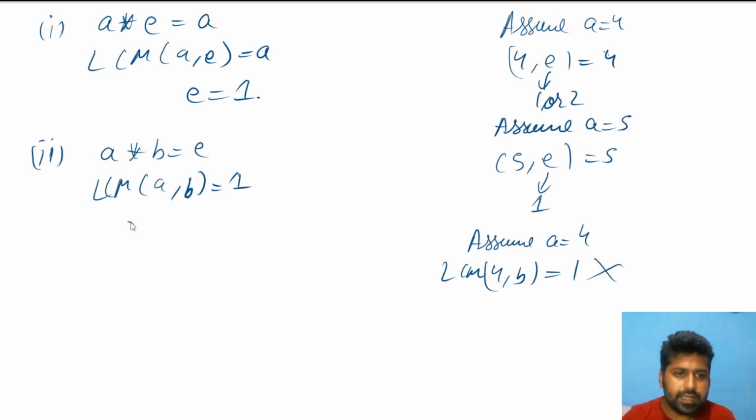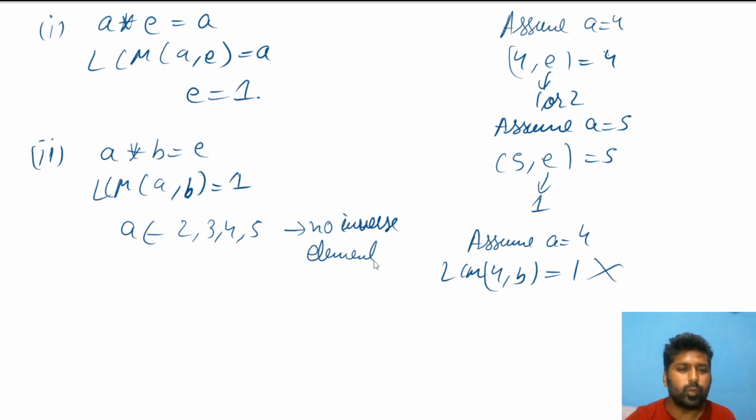As long as a belongs to 2, 3, 4, 5, you will never have the LCM as 1, because the second number can be anything, but your LCM will be either this value or more than this value. LCM is the lowest common multiple, but the point is the word is multiple. It will be at least this value. It cannot be less than this, it can be more, but it cannot be less than 2 or 3. So it cannot be 1. So as long as a belongs to this, there is no inverse element.